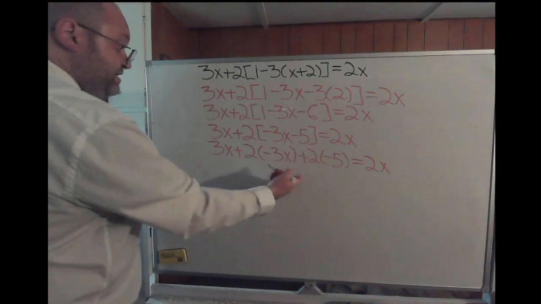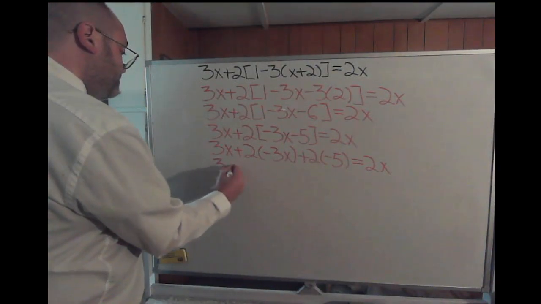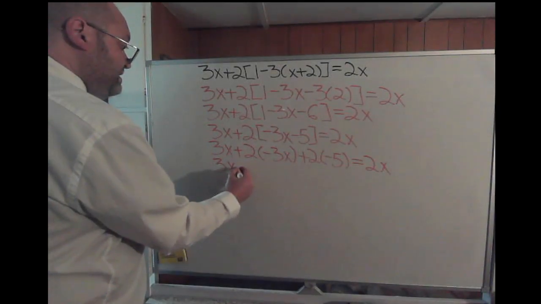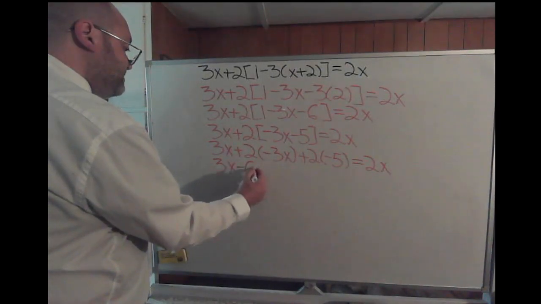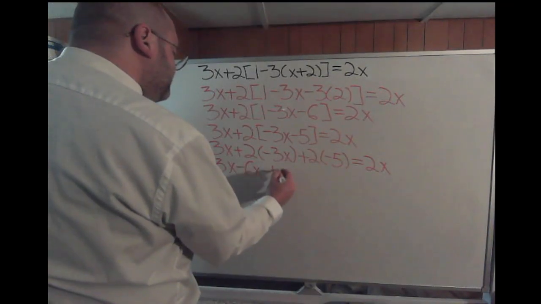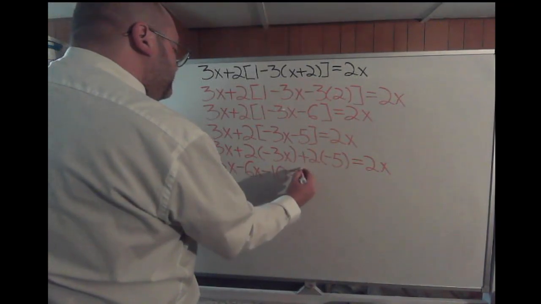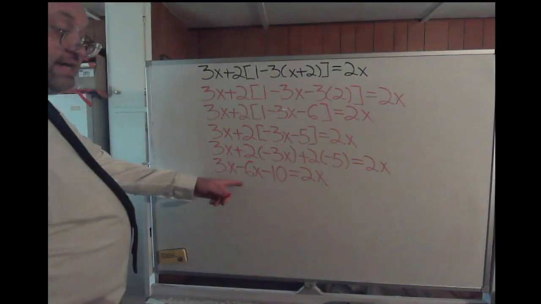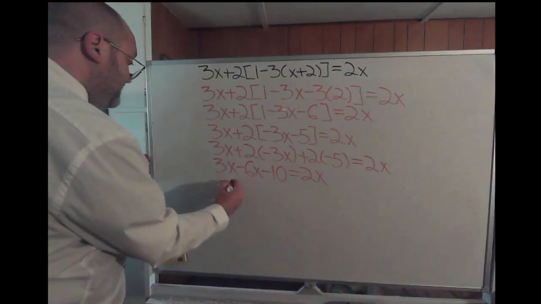Well, the left side, go ahead and do your multiplication. So you'll have 3x plus 2 times negative 3x, that would actually be negative 6x. So you have 3x minus 6x plus 2 times negative 5, that'd be negative 10. That would all equal 2x. So the left side, 3x minus 6x, that's negative 3x.